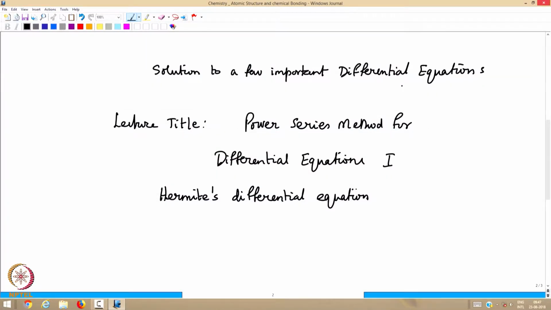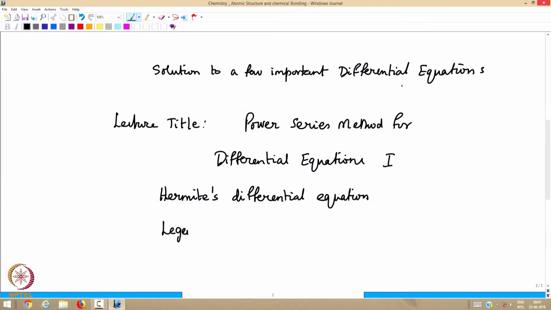The purpose of this series of lectures is to follow up with the three equations that you have already encountered, namely the Hermite differential equation for the harmonic oscillator. The second one is the Legendre differential equation, which you have seen now in the form of the solutions to the angular part of the hydrogen atom, namely the spherical harmonics, Legendre and associated Legendre polynomials.